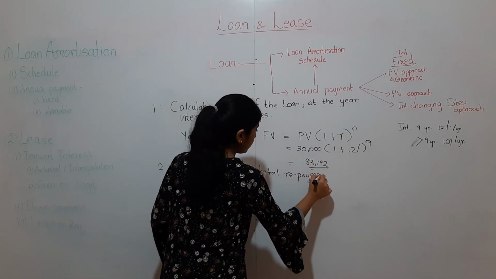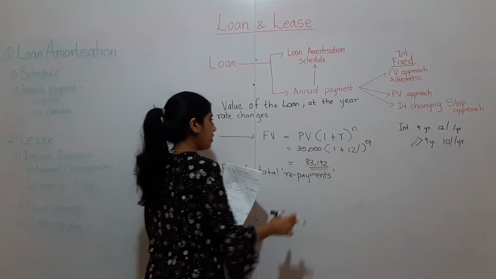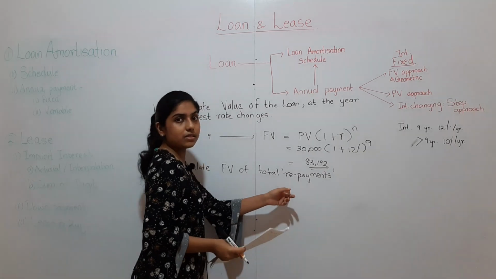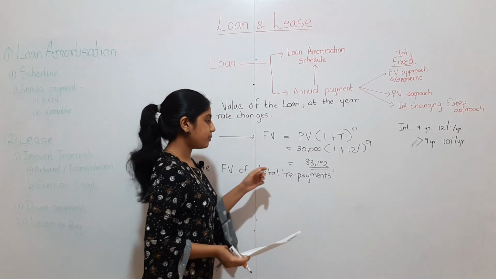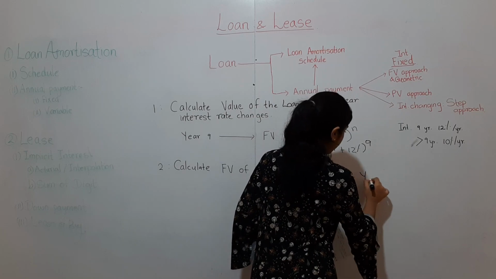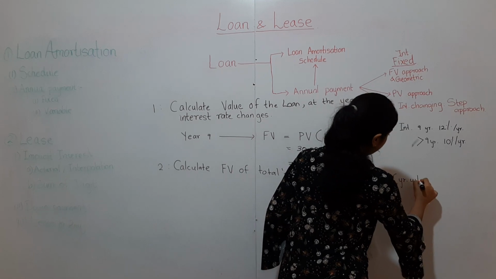Now be careful with this word, this is just repayments, okay? Not the loan value or anything, the monthly repayment that we are supposed to make. Now wait, let me finish this at year 9, the year in which the interest rate changed.